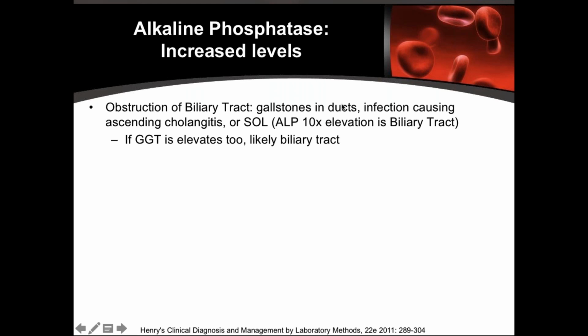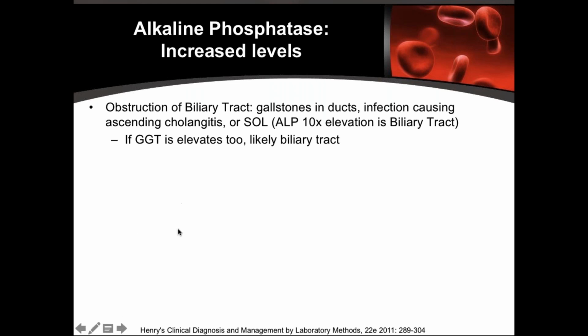What can obstruct those tracts? Gallstones or an infection. If your alkaline phosphatase is elevated and your GGT from your liver is elevated, then most likely the trouble is going to be from the biliary tract.